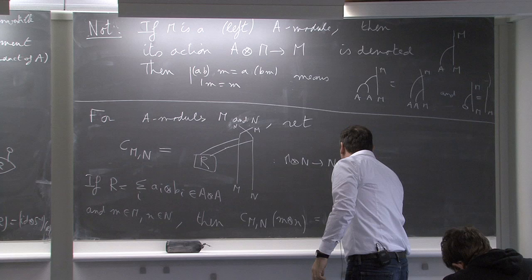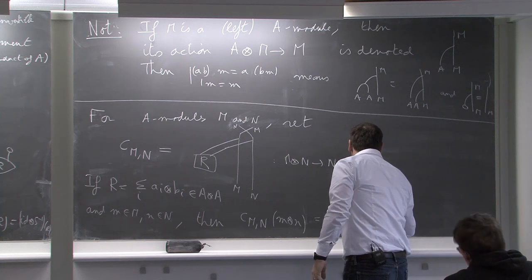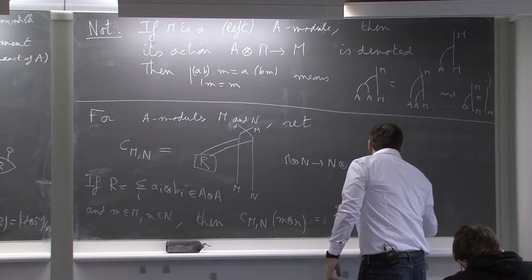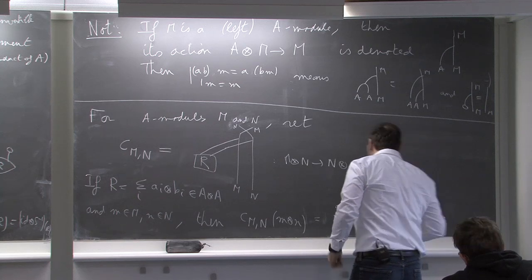So it is a sum over i of b_i n tensor a_i m.